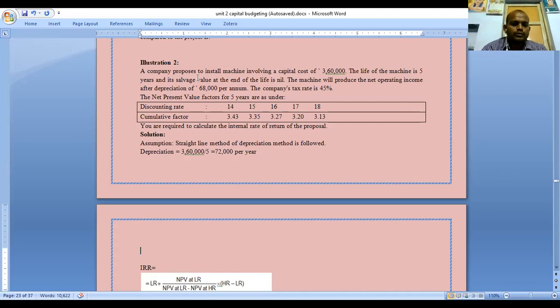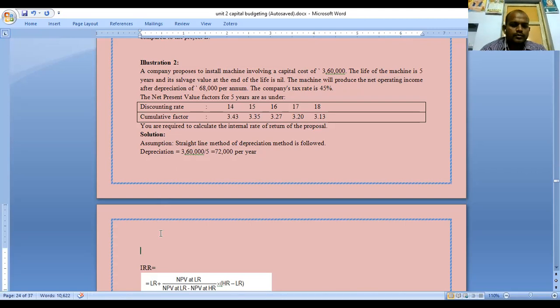Now we have to calculate the cash flows per year. Here in this problem, net operating income is after depreciation but before tax.